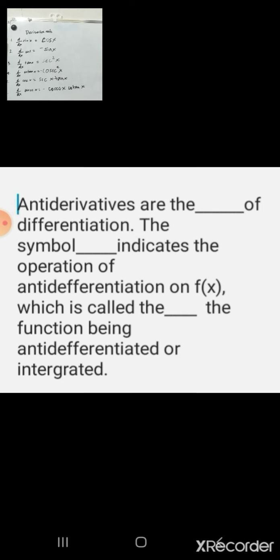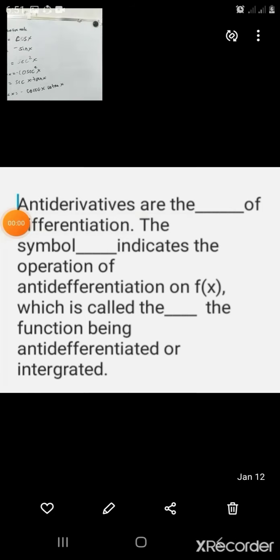Let's read. Antiderivatives are the inverse operation of differentiation.